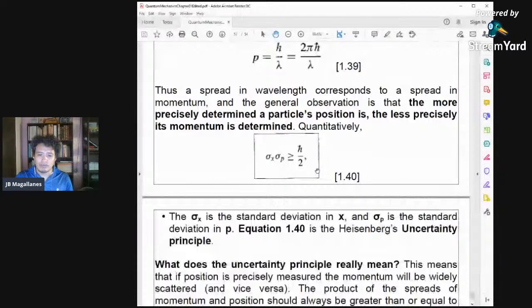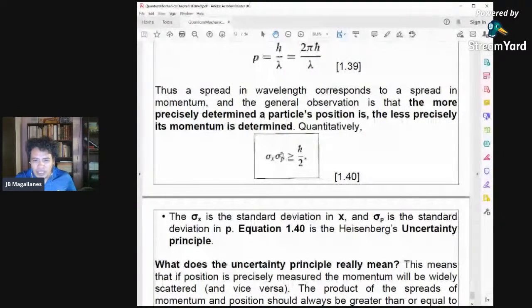That is the rule in quantum mechanics, and this is called the uncertainty principle. If the spread in x is very small, the spread in momentum is very large, such that it should be greater than this.